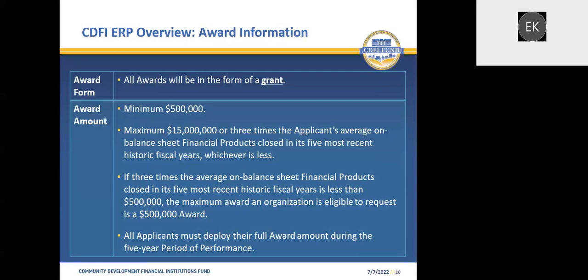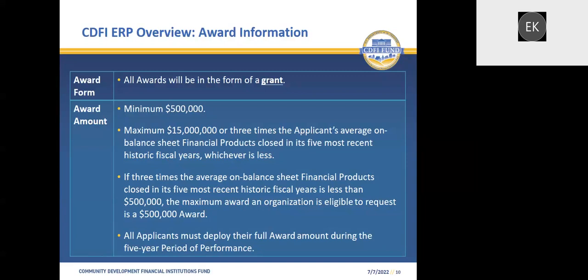CDFI ERP Overview, Award Information. Award Form. All awards will be in the form of a grant. Award amount. Minimum $500,000. Maximum $15 million, or 3 times the applicant's average on-balance sheet financial products closed in its 5 most recent historic fiscal years, whichever is less.